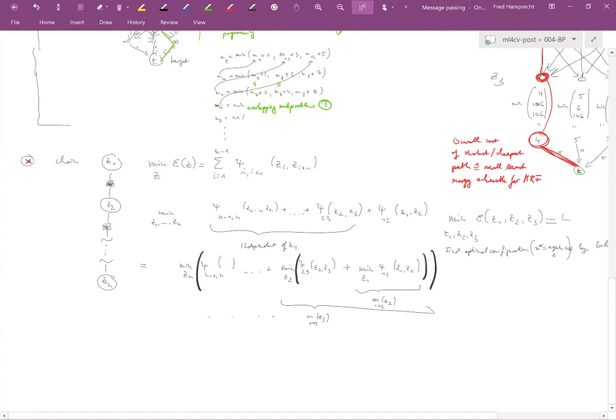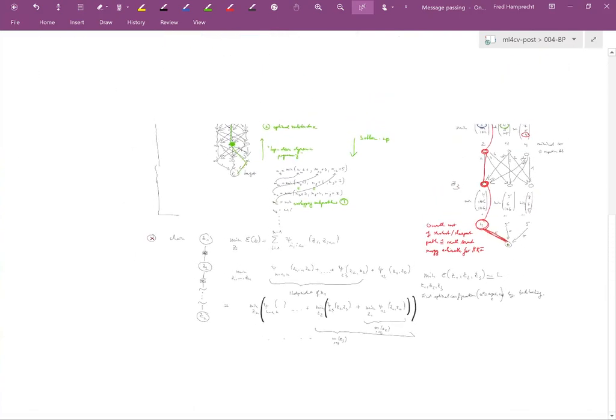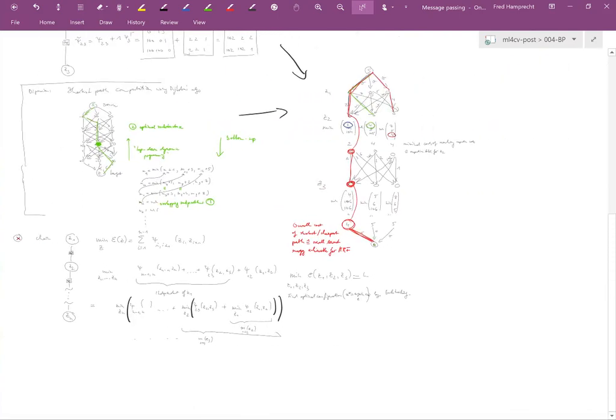So I solve my minimization problems one by one, and this is exactly what we also did up here in our computational graph. We first solved these minimization problems, and then conditional on these answers. So what went from here to there can be seen as a message from 1 to 2.